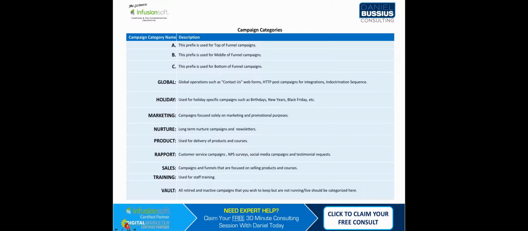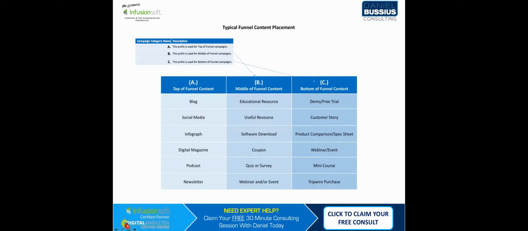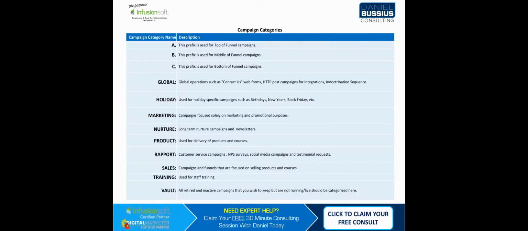Okay, so for campaign category, in the very beginning here, oops, of course, there we go. I already went too far ahead. You'll see the prefix A, prefix B, and prefix C. The prefix A is designed for campaigns that are associated to funnels.